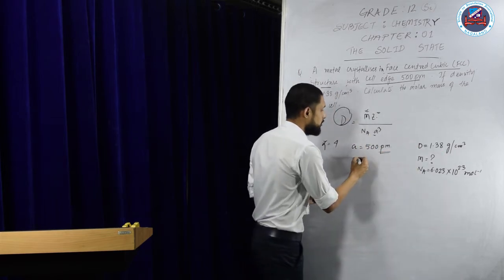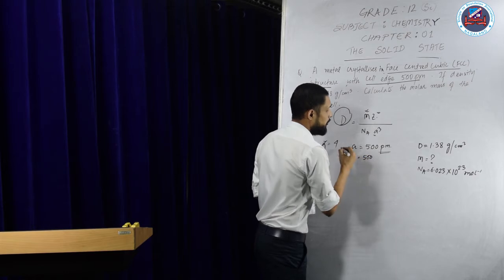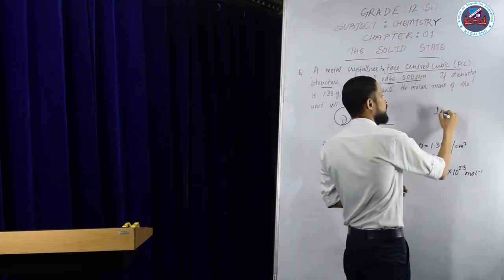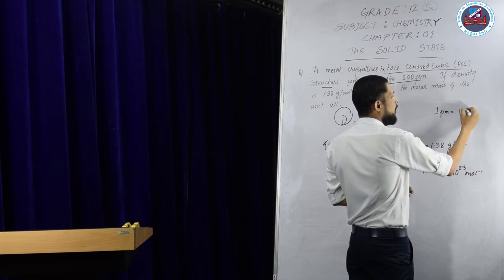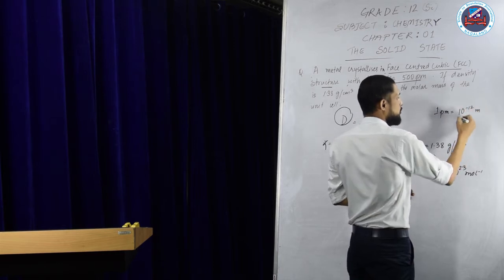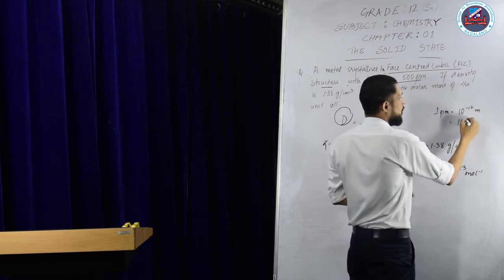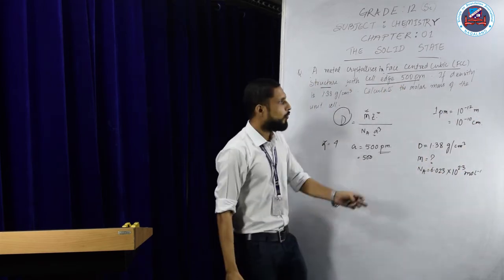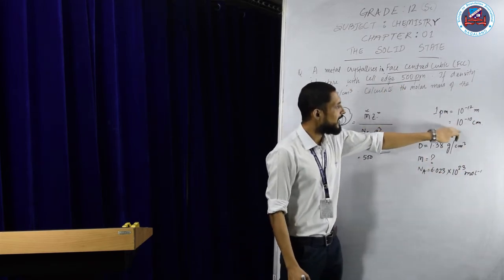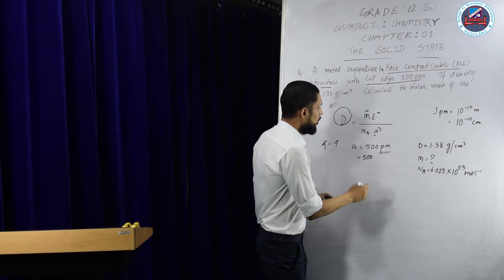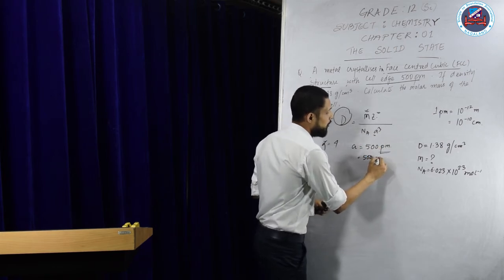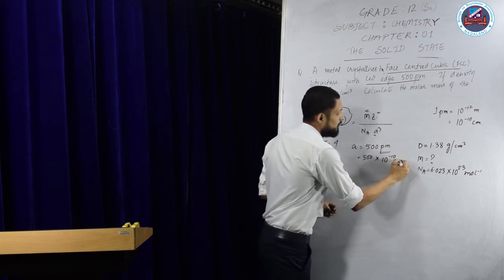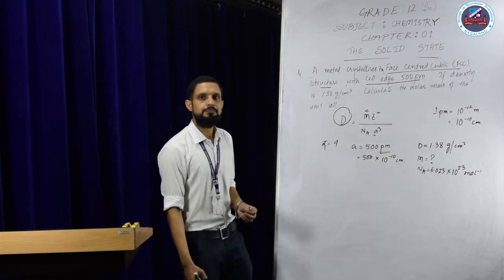We know the relation: 1 picometer is equal to 10 to the power minus 12 meter, which is equal to 10 to the power minus 10 centimeter. So 500 picometer is equal to 500 multiplied by 10 to the power minus 10 centimeter.